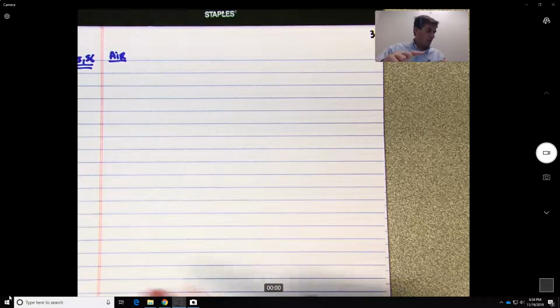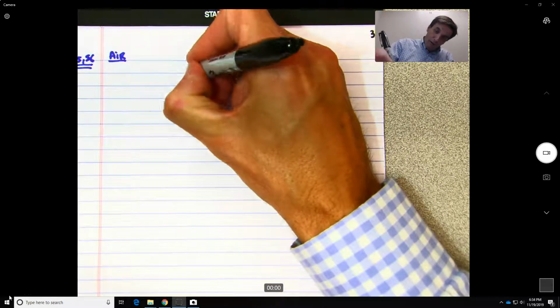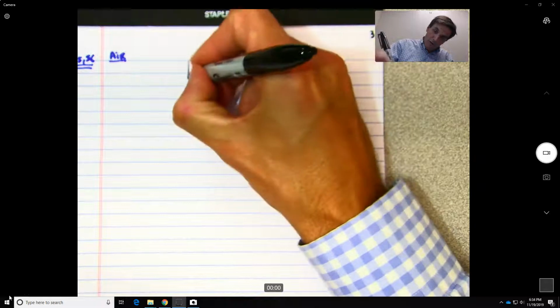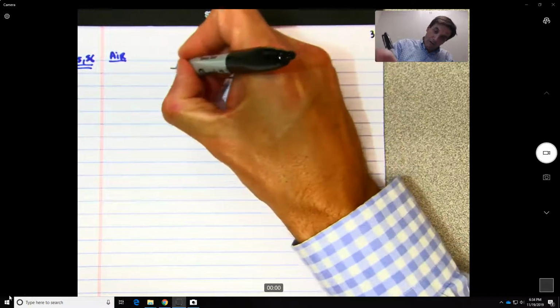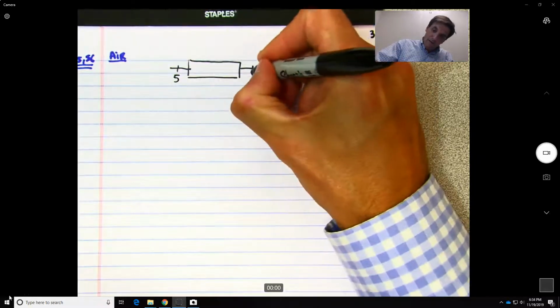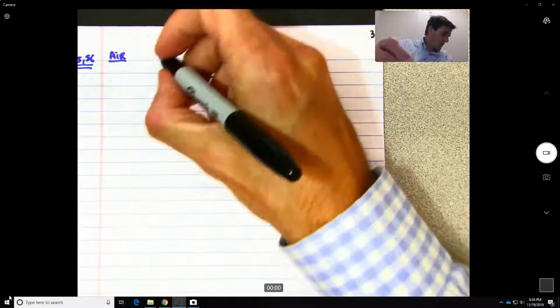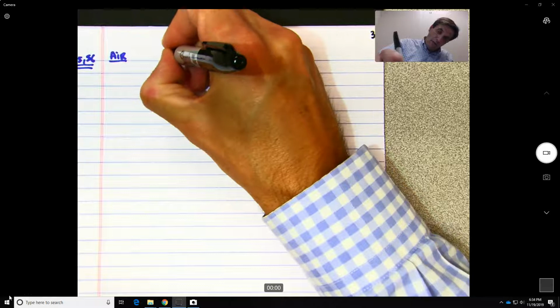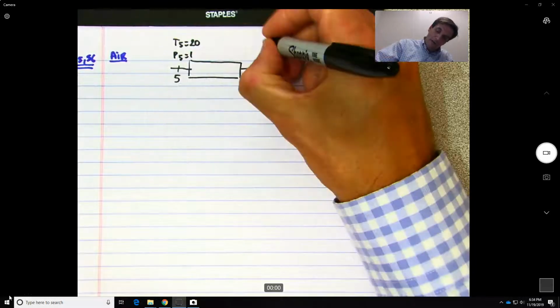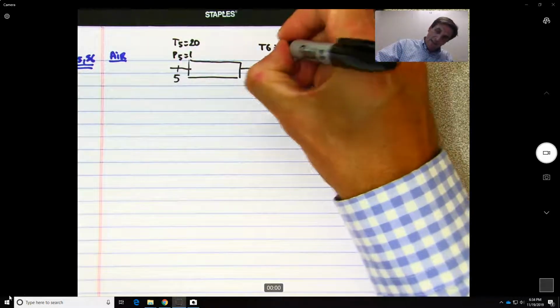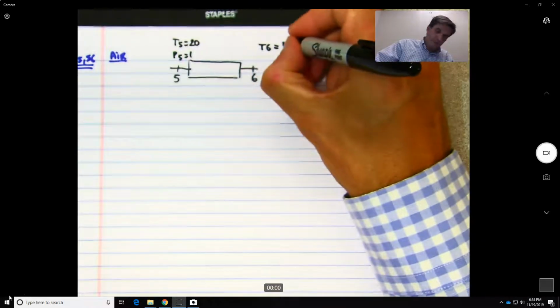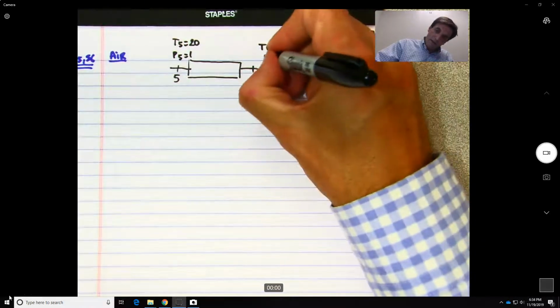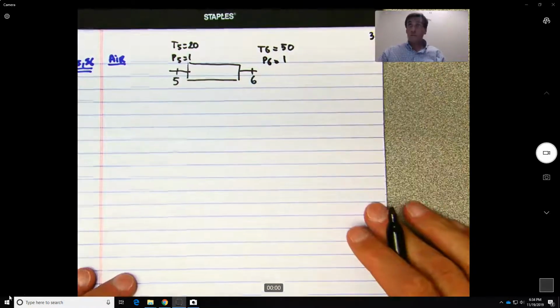So let's maybe do the figure over here. 5, 6, T5 equal 20, P5 equal 1, T6 equal 50, P6 equal 1.